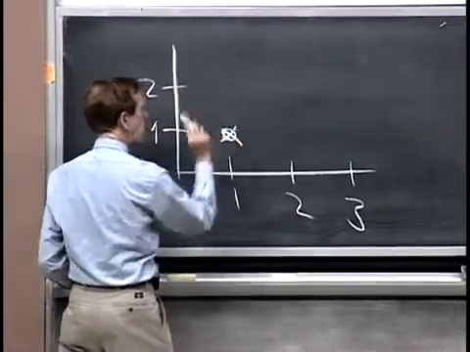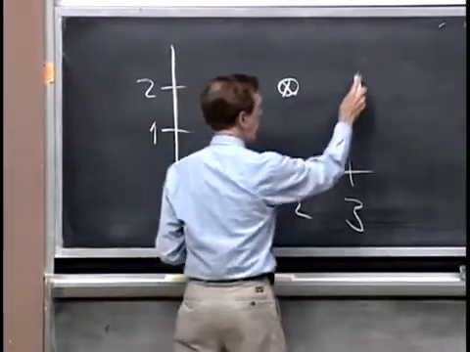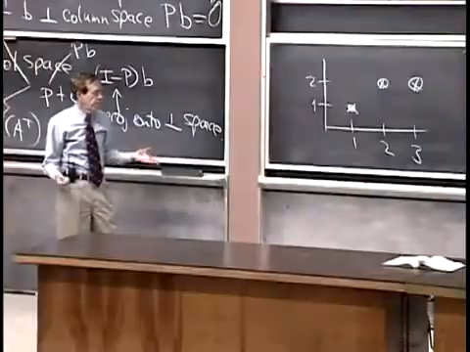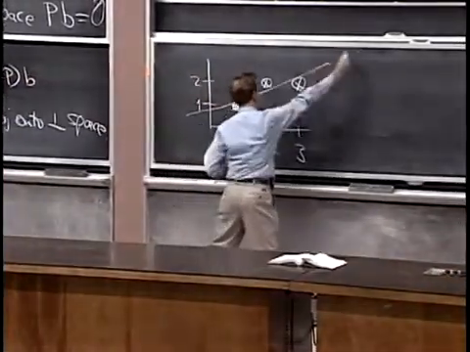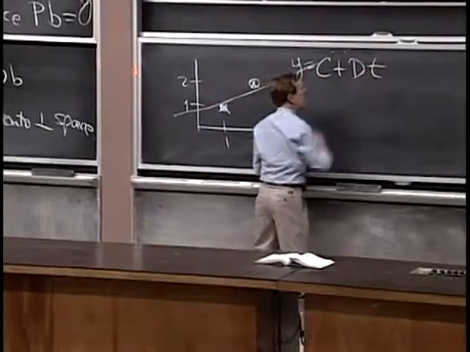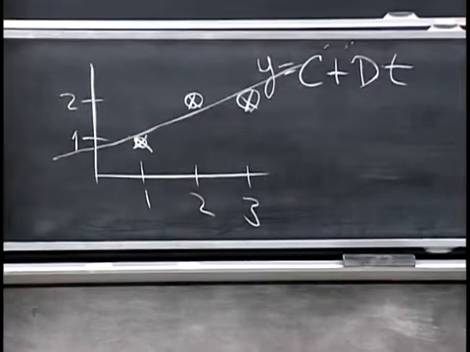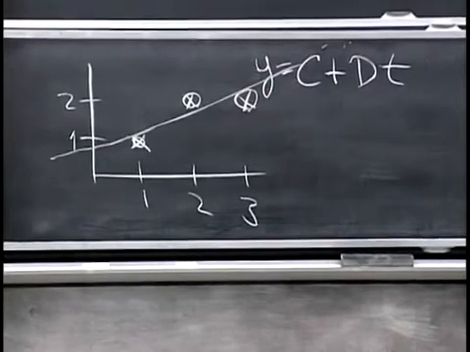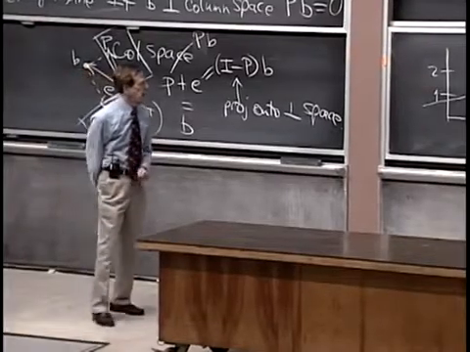So heights were that point, which makes it look like I've got a nice 45-degree line, but then the third point didn't lie on the line. And I wanted to find the best straight line. So I'm looking for this line, y equals C plus Dt, and it's not going to go through all 3 points, because no line goes through all 3 points. So I'm going to pick the best line, the best being the one that makes the overall error as small as I can make it.